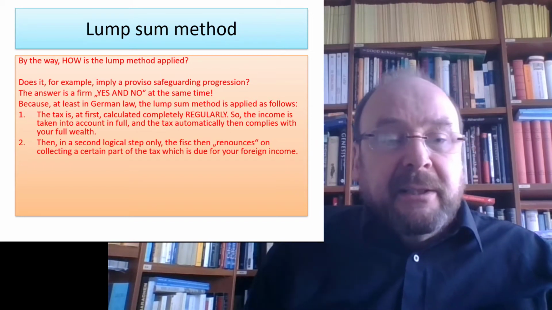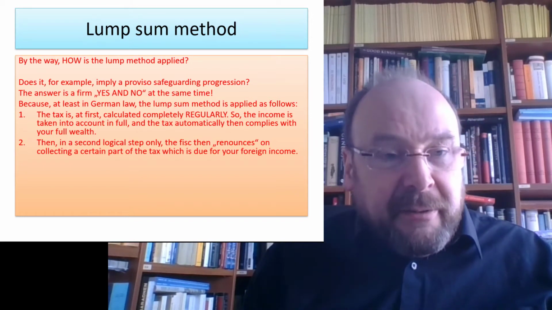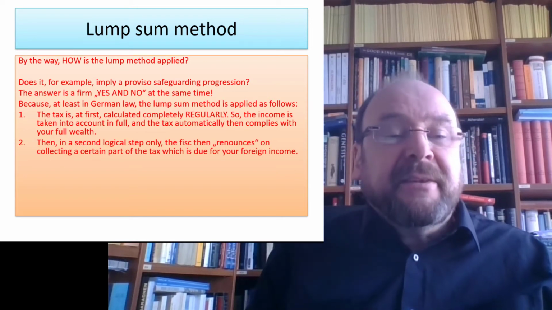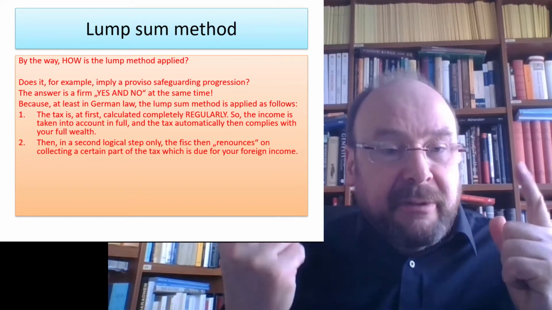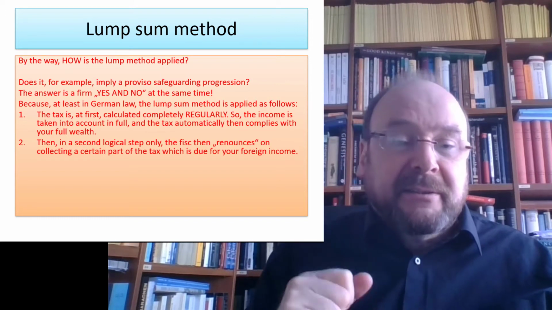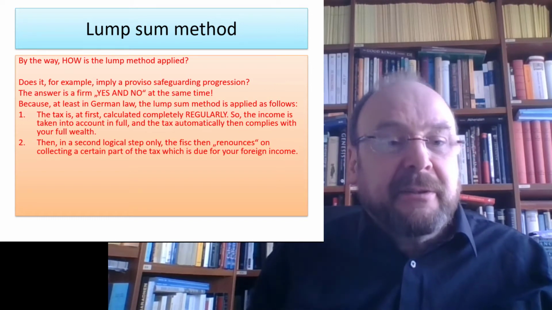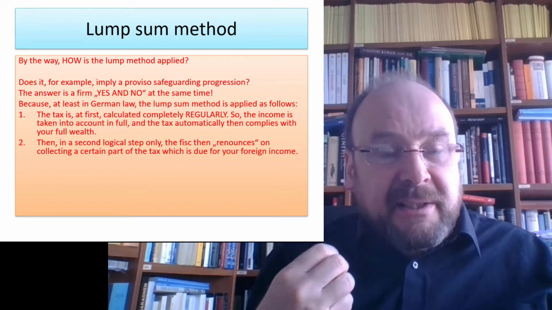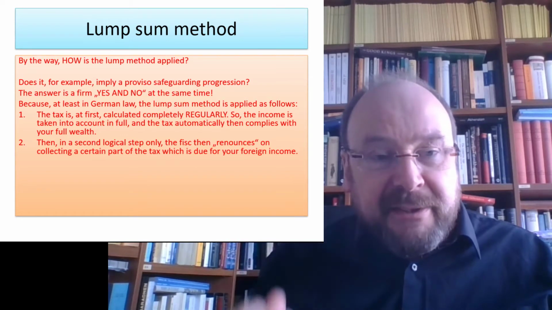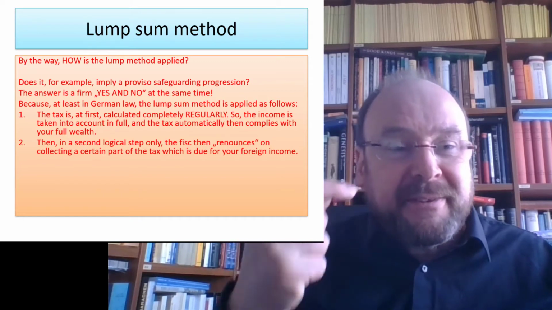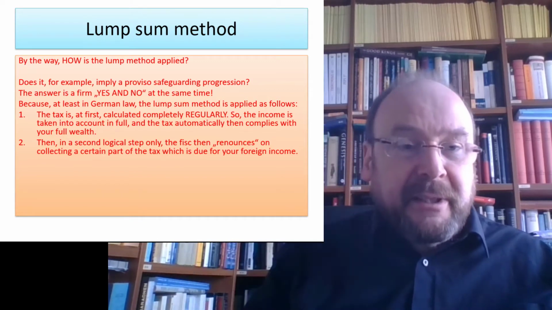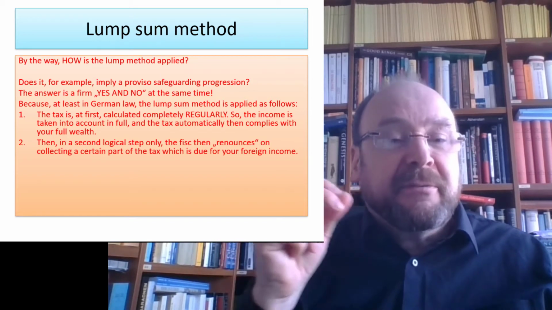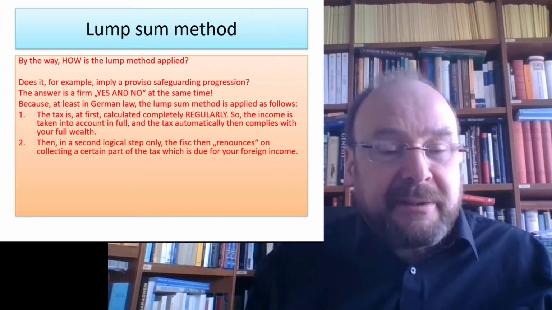Only after you calculated the regular tax burden, then in the second step, the fisc says, okay, we renounce a part of that tax which we just have calculated in order to do you a favor. From the expression, we renounce a tax, it follows that you first calculate your claim, and then we do not demand the payment for a certain amount of our regular tax claim.